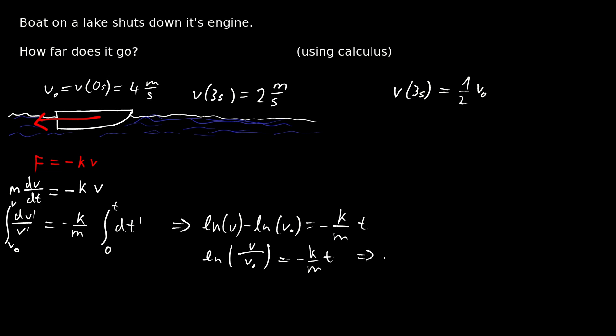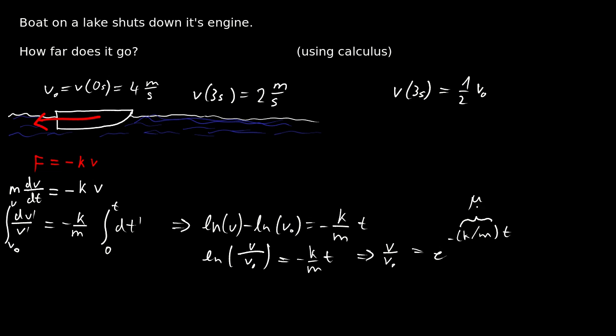We are left with v over v0 equals e to the power of minus k over m times t. This k over m here, we can also call mu.